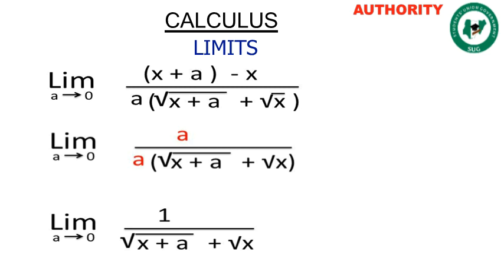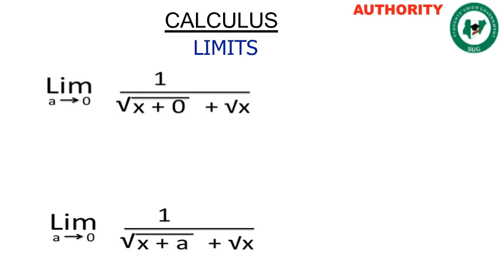Let's plug in our value 0. We have the limit as a approaches 0 of 1 all over square root of x plus 0 plus square root of x. Square root of x plus 0 stays the same, as any number plus 0 remains the same.